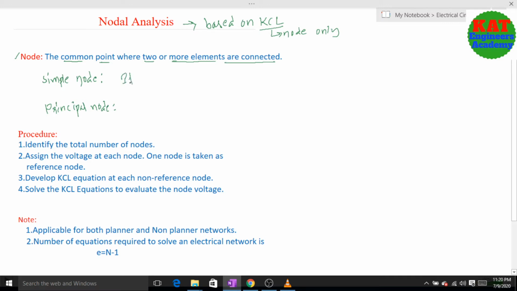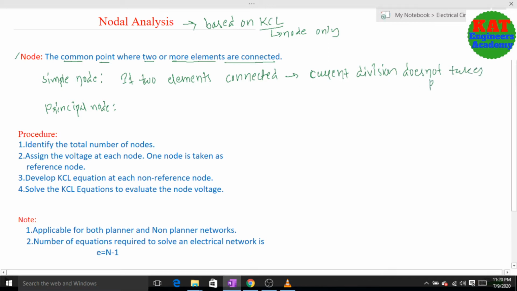If two elements are connected, it is known as a simple node. Here, current division does not take place.